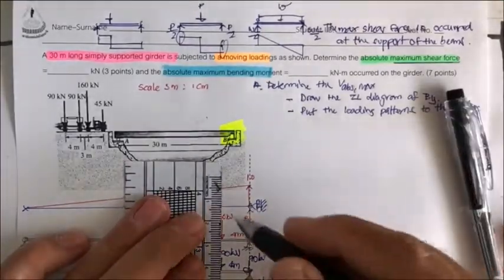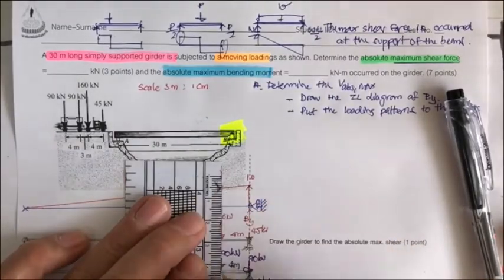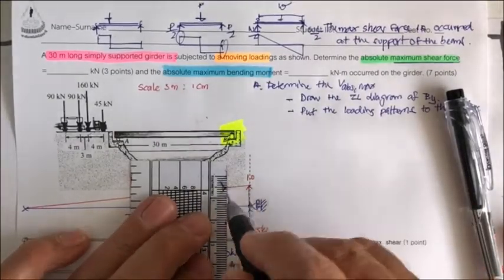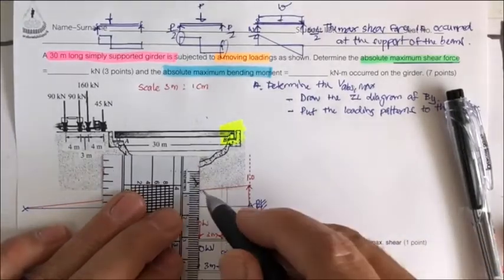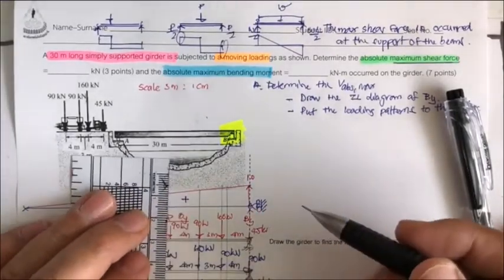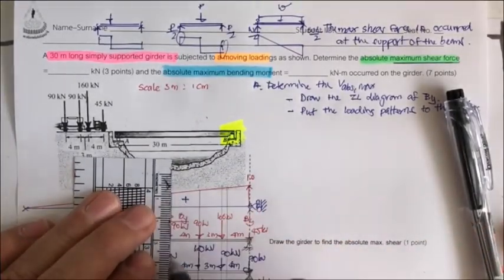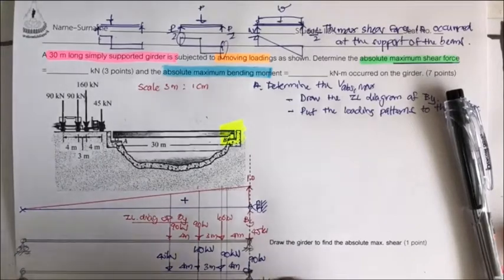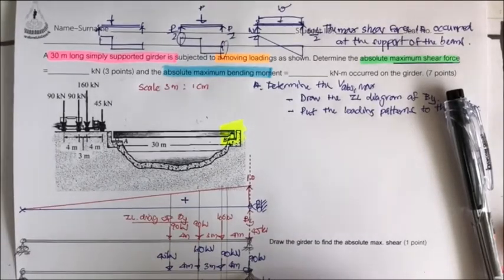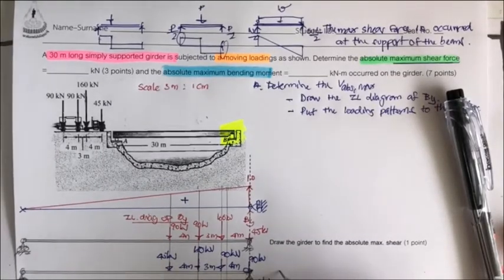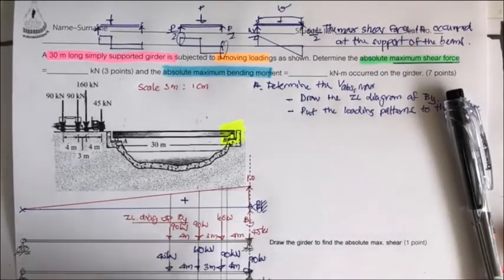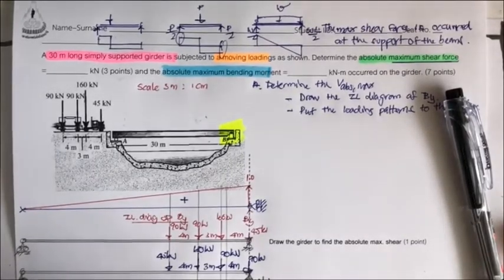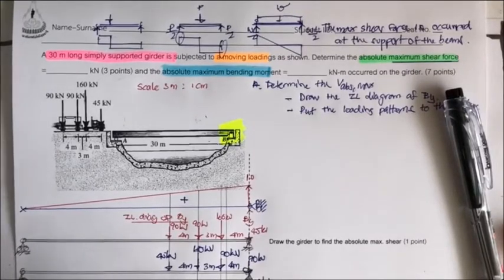Let us check like this. This is going to be in a different location. This one is going to be at the same point, and this one is going to be at the same point. Another interesting case is when we move the 90 here, and the other moves accordingly.